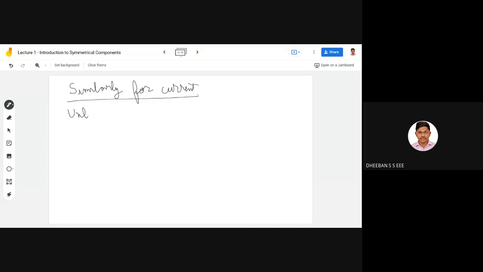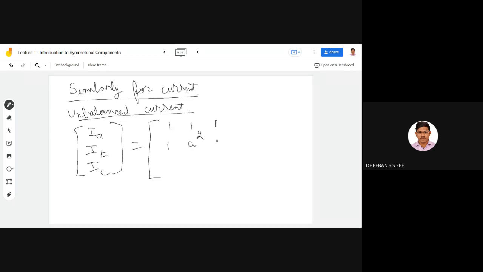So the unbalanced currents IA, IB followed by IC are equal to 1 1 1, 1 a square a, 1 a a square into your balanced current, which is IA0, IA1 followed by IA2.